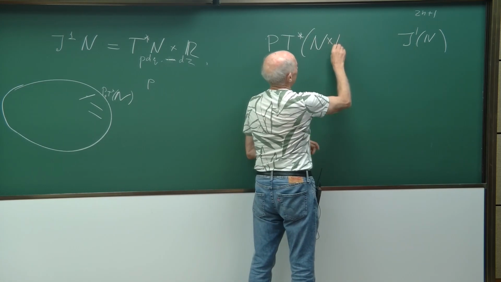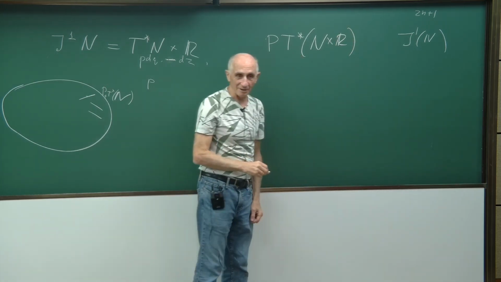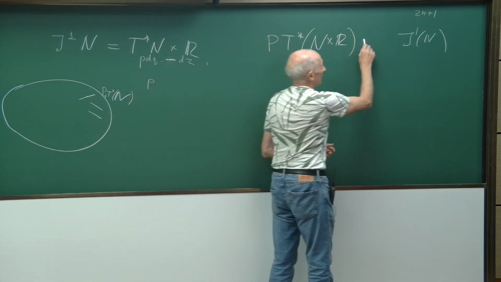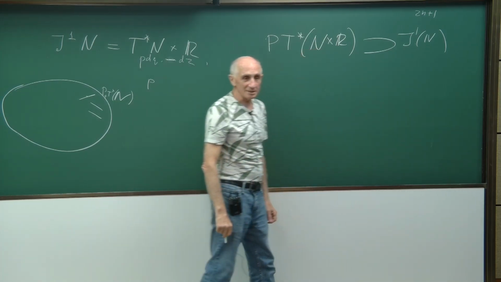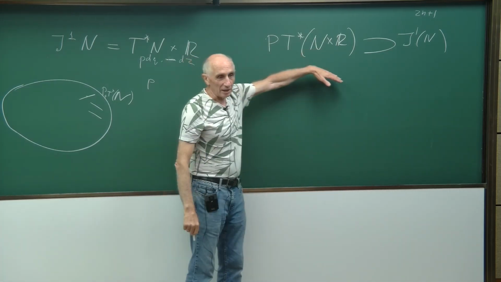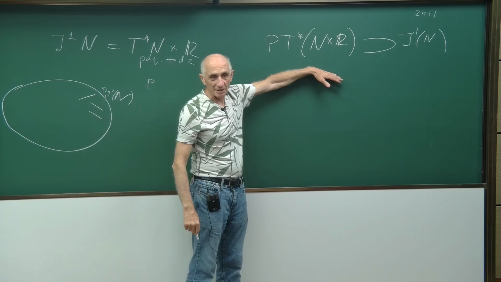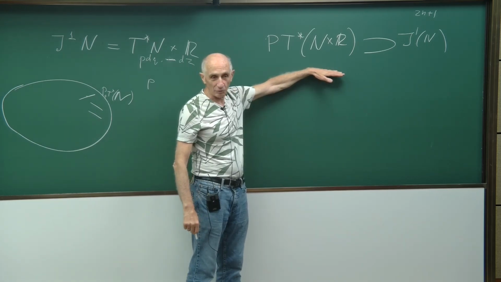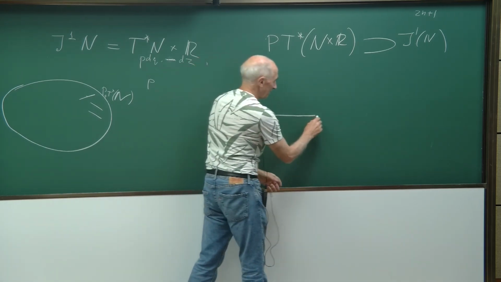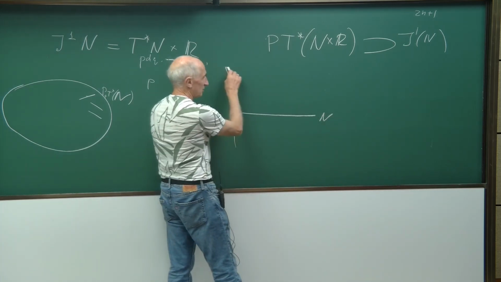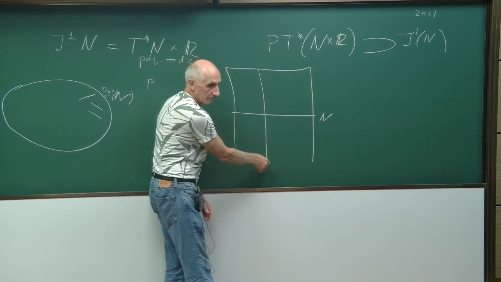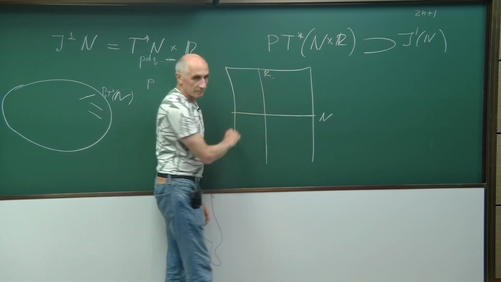But if I consider N cross R, then this canonically sits there as an open dense subset. How do you think about it? So you have N, you have N cross R, right?